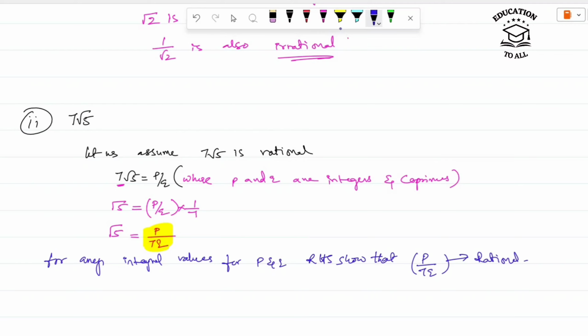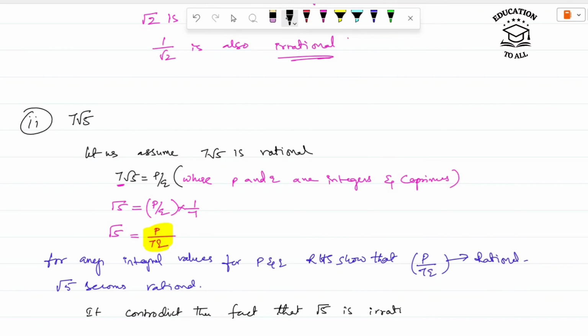It is showing the rational. Can I say that then root 5 becomes rational? Then actually it contradicts the fact that root 5 is irrational.